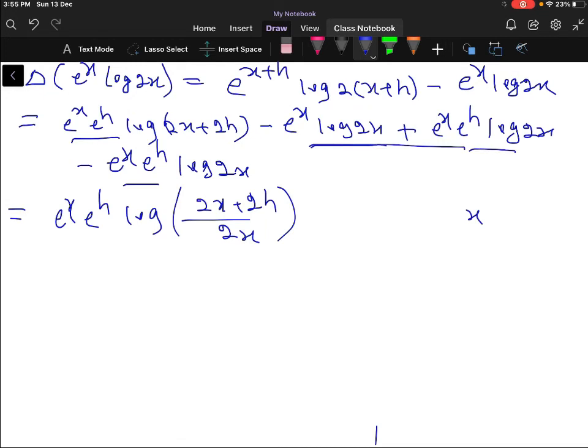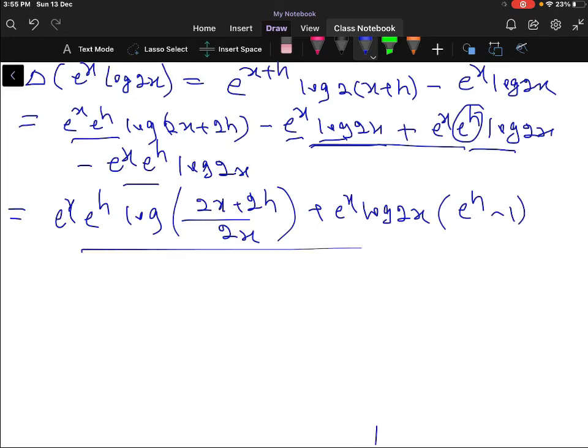Second and third term, the common is e power x into log 2x. So into here e power h, but here remaining term is minus 1.